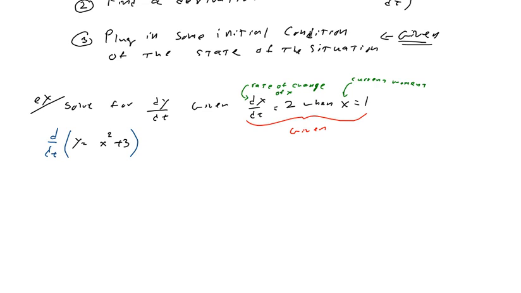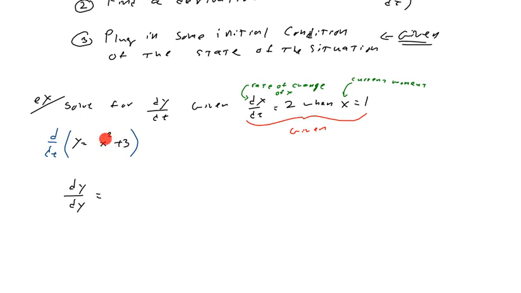So we do our implicit differentiation with respect to t. So we're going to get dy/dt, the derivative of y with respect to t, our rate of change of y in terms of time, how quickly y is changing, and this is what we want, dy/dt, equals... I'm doing my derivative of x here with respect to t. So I'm going to have to use my little chain rule thinking.